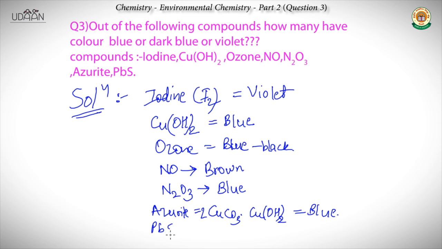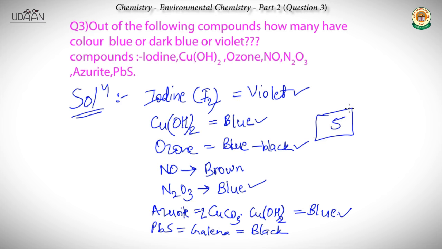And PbS is galena, which is the chief ore of lead, which is black in color. So among the following, we have blue colored compounds as azurite, N2O3, ozone, Cu(OH)2, and iodine. So total 1, 2, 3, 4, 5 compounds. So the answer would be 5. Okay, hence we conclude the question and the answer is 5.